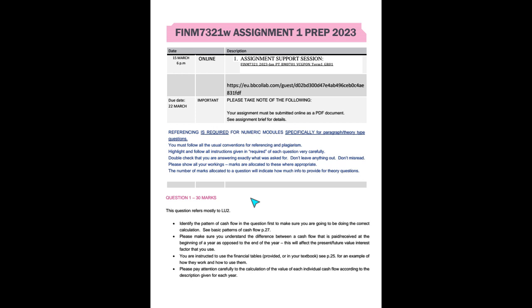Something you can use just to check yourself: if you are doing a present value of a lump sum, the present value factor will always be less than 1.